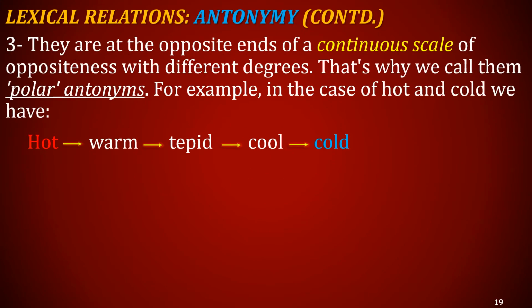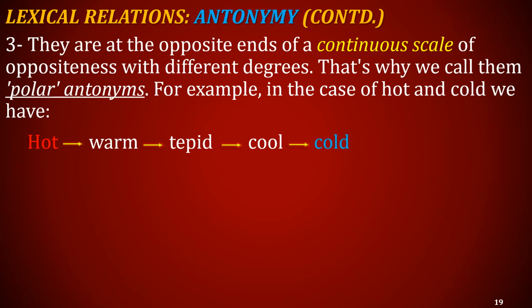The third characteristic is that they are at the opposite ends of a continuous scale of oppositeness with different degrees. That's why we call them polar antonyms. The reason we say it is a continuous scale is that something regarded as hot in one context can be quite cold in another.